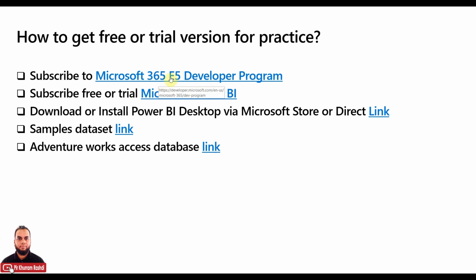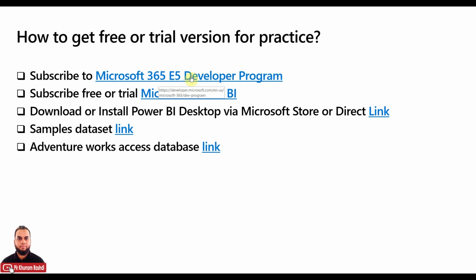Before that you need to subscribe, as I told you, to the Microsoft 365 E5 developer program. The viewers who are checking out my training videos must have already signed up, because there were certain training videos I have uploaded for Power Apps, Power Platform, Power Automate flows, and using business events.